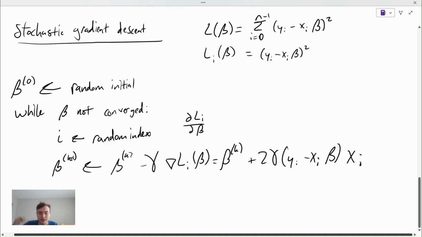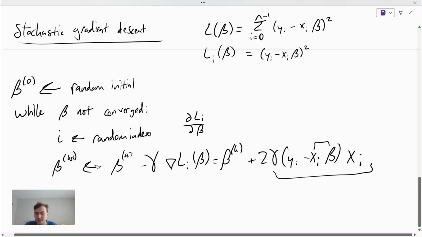Even though we're going through many more iterations, each iteration is way fewer computations. To get the gradient, we just have to do one vector times vector multiplication, and then scalar minus scalar, then scalar times vector. But this vector is just the p by 1 vector to update the p by 1 betas.